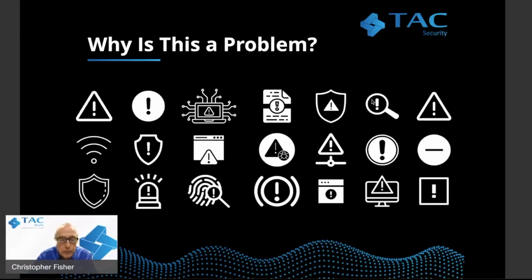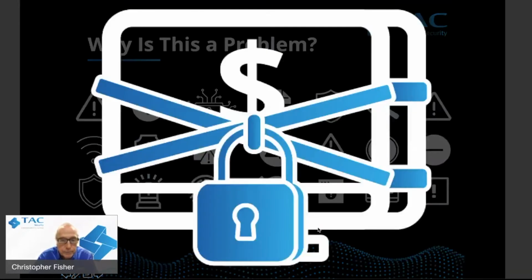If you have too many alerts, you could end up missing something that you should have paid attention to and end up with a compromise. And hopefully it's not something as dramatic as ransomware, but the issue of tool fatigue could lead you to miss something that you should have paid attention to.